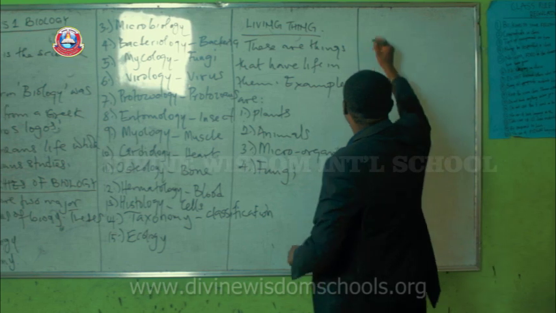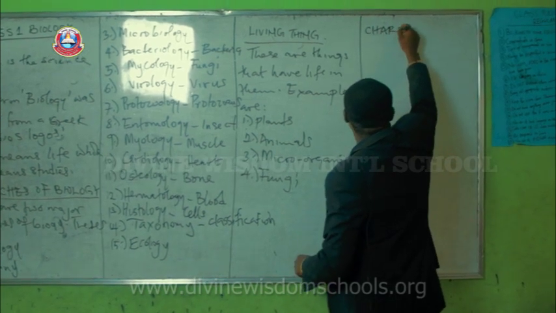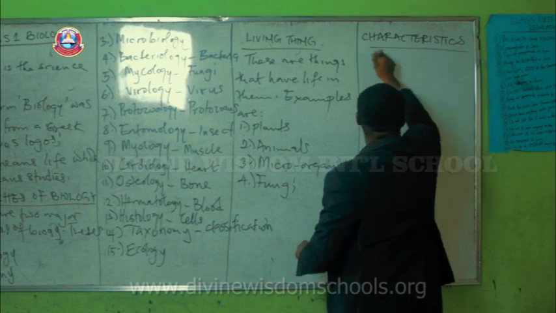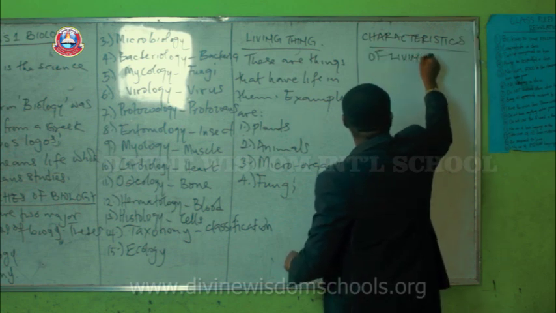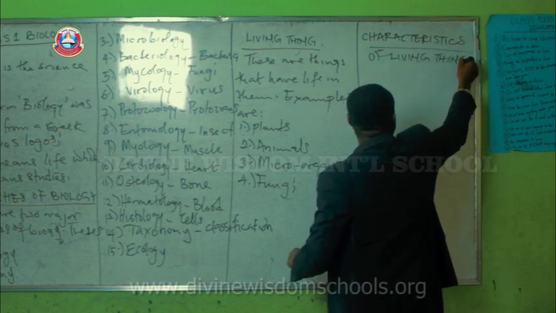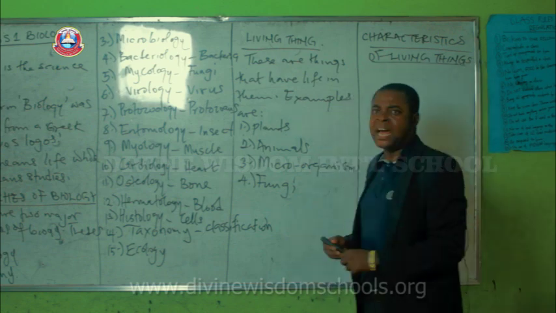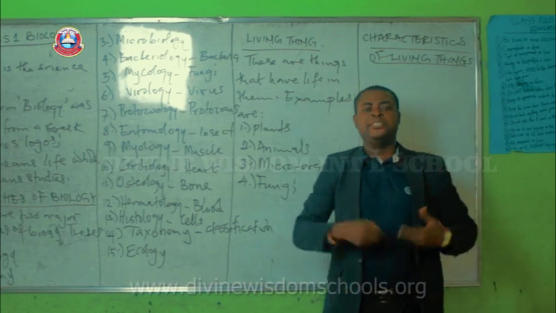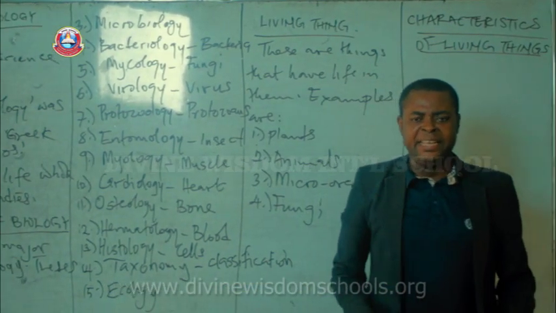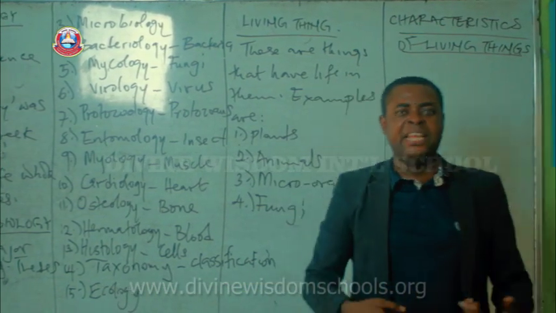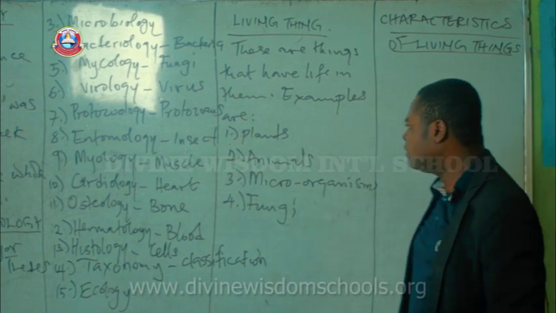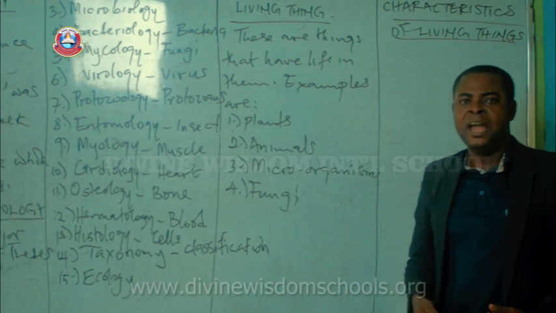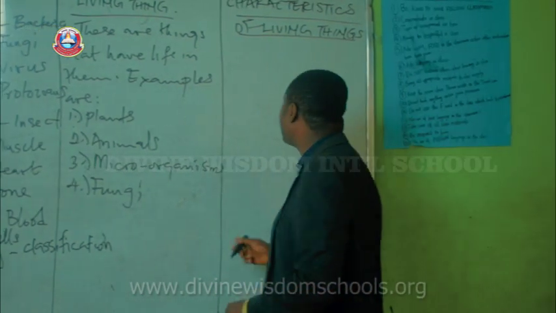So let's look at characteristics of living things. The word characteristics comes from the word character: features, attributes, properties, things that will make you know that this thing is a living thing. How do you know that all these are living things? The properties exhibited by organisms by which they are called living things are their characteristics.